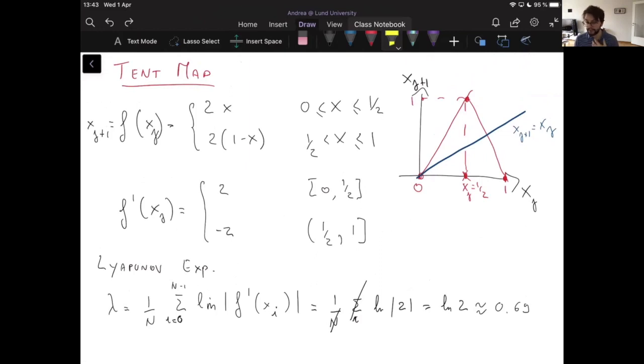All maps that behave in this way, that start from 0, then go up, have a maximum, and go down to 1 smoothly, where the derivative is not smooth but the function itself does not have any discontinuities, in some mathematical sense, are smooth. So if they go like this without discontinuities, then they all have the same behavior.